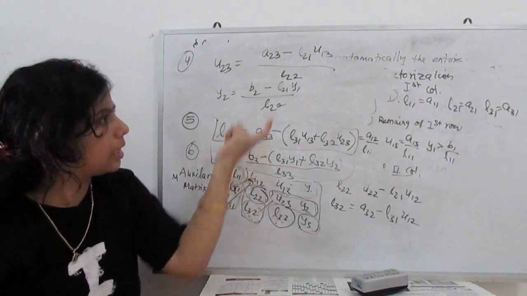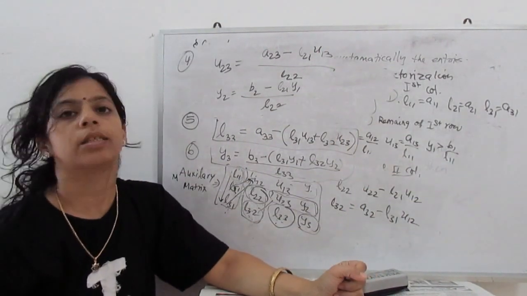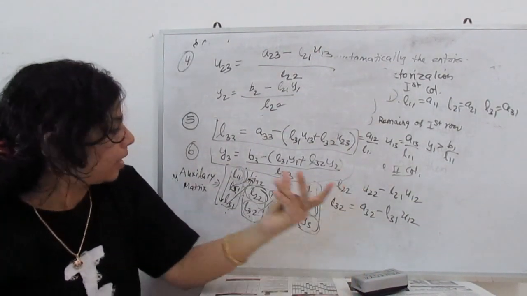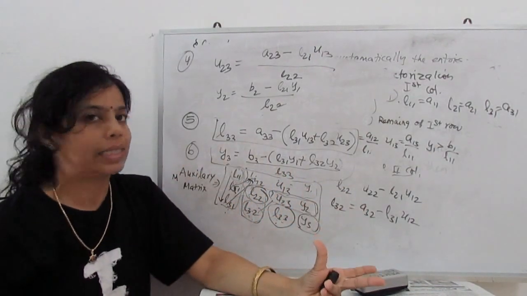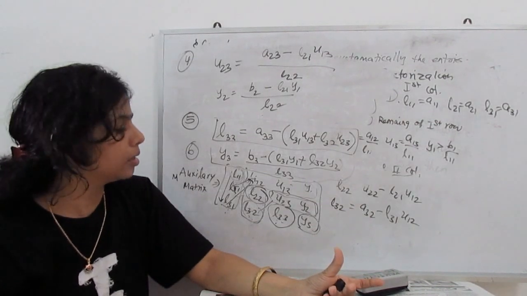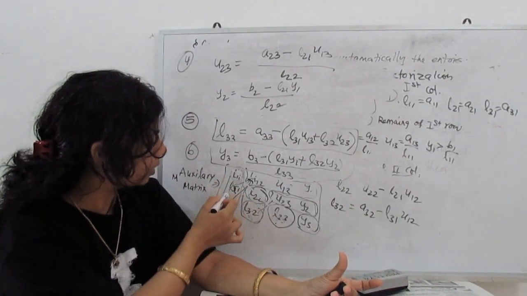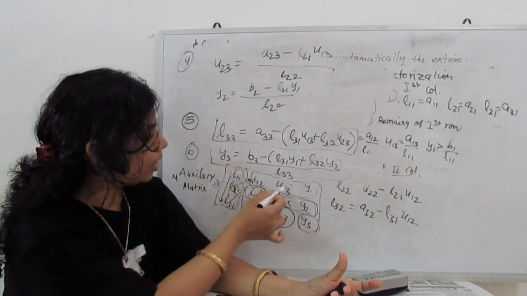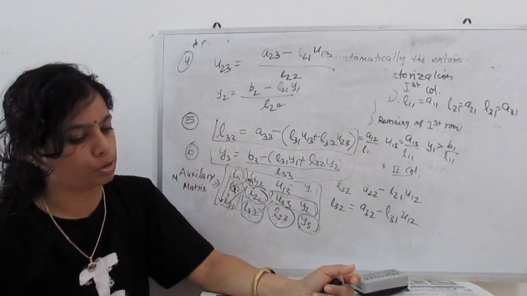So this is the formulation, or the pattern, for finding the new auxiliary matrix from the given matrix. After we get this matrix, the diagonal reduces to 1, the lower elements go to 0, and we only use these elements to find the solution.